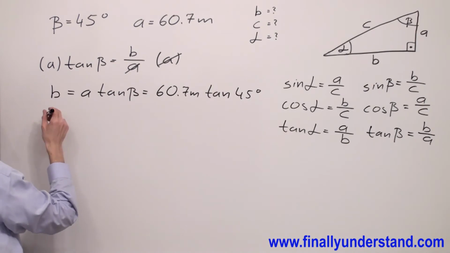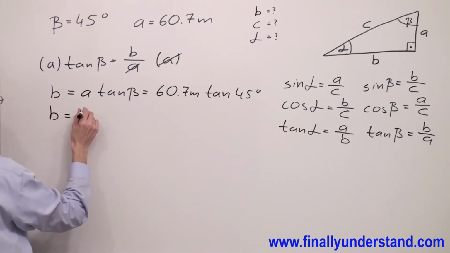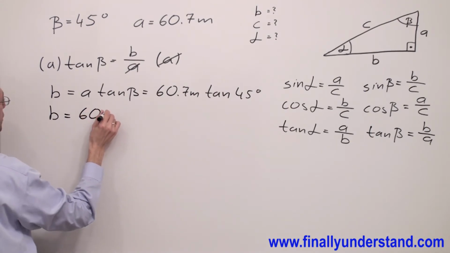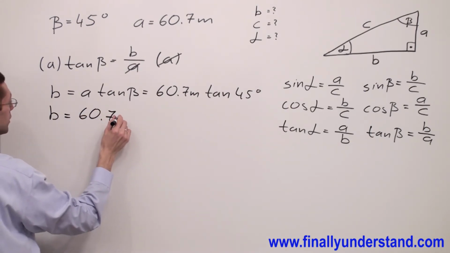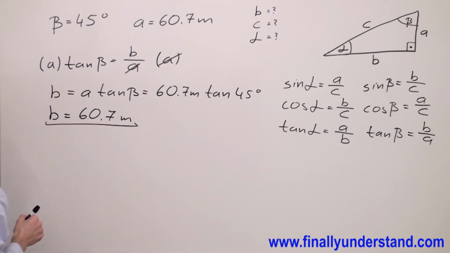Plugging these values into the calculator, you're supposed to get B equals 60.7 meters. Okay, this is the length of side B.